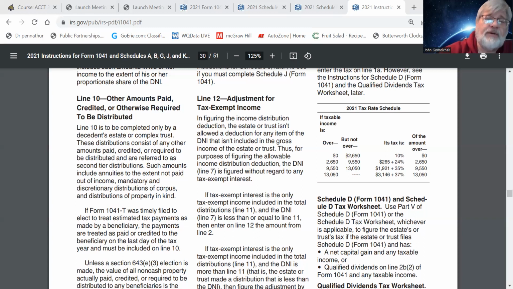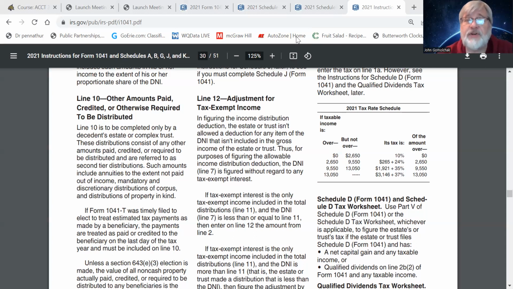What am I doing wrong with my calculator here? So 492 plus 265 equals $757 using the tax rate schedule.